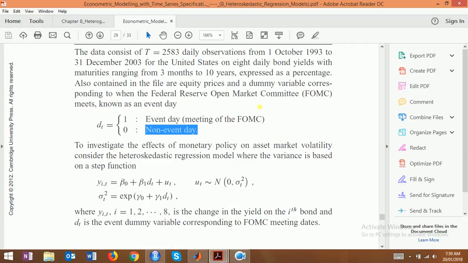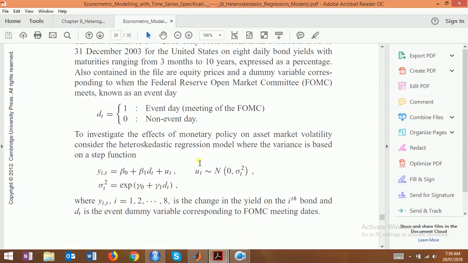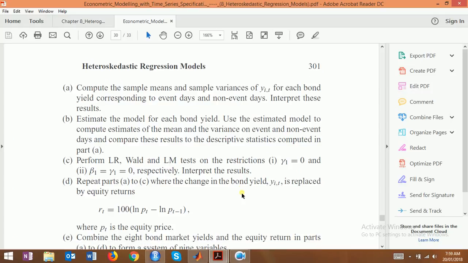So we have 8 daily bonds with different maturities. We have equity prices. We want to see the effect of monetary policy on asset market volatility, because monetary policy represents when there are meetings happening. Consider the heteroscedastic regression model. Variance is based on a step function, sigma squared exponential of gamma 0 plus gamma 1 D, where y is the change in the yield on the ith bond and D is the event dummy variable corresponding to the meeting date.